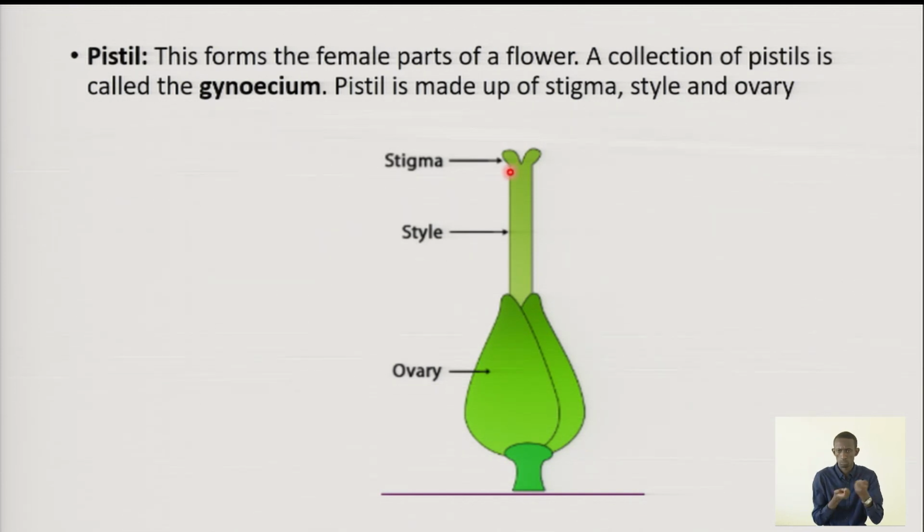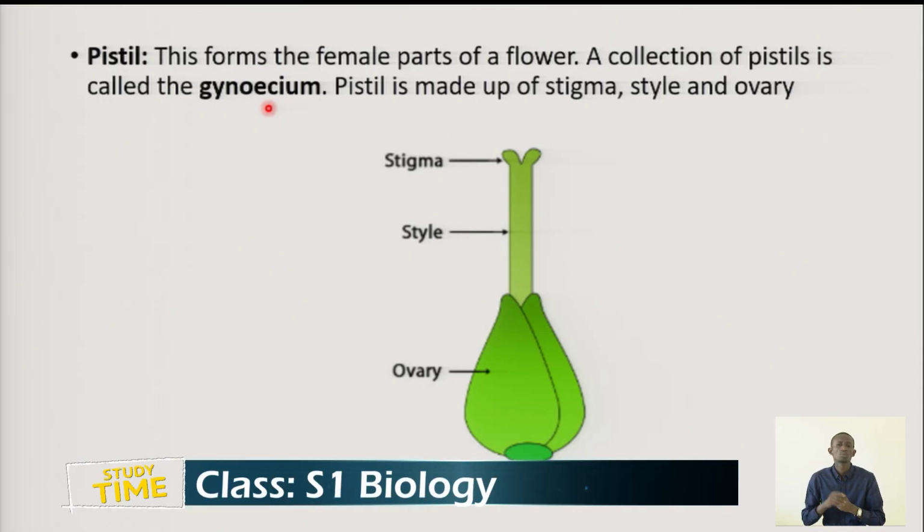And then the stigma has a sticky substance for receiving pollen grains from anthers. Here, the collection of pistil is what we call gynoecium, the female parts of the flower, while the male parts of the flower are called androecium.